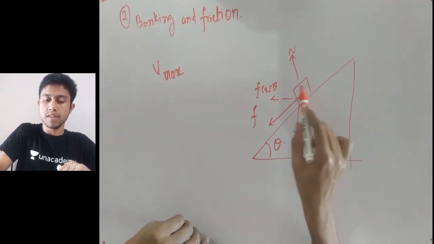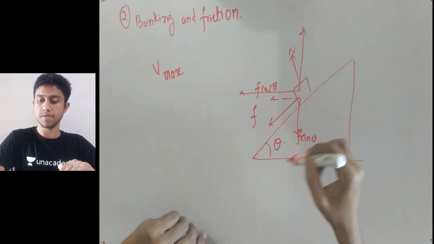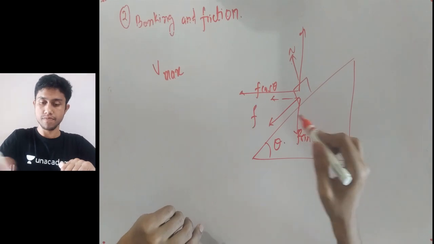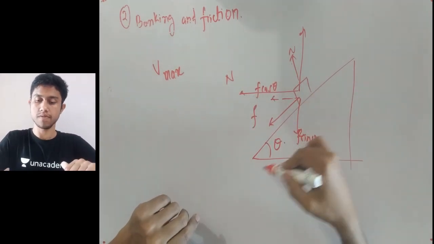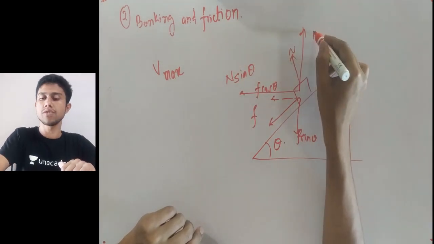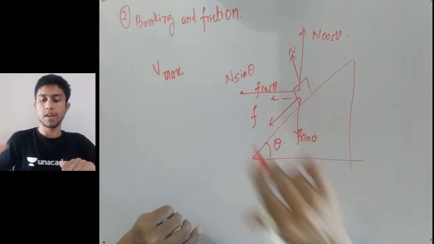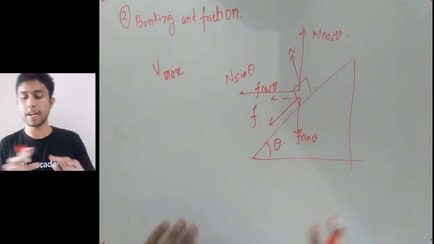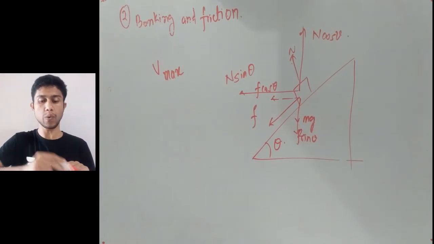For normal, this is going to be n sin theta and this is going to be n cos theta. Okay. Now we have just divided these components. Now we'll write the equations.